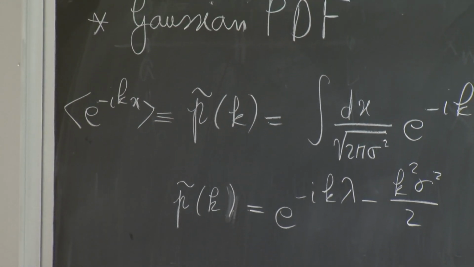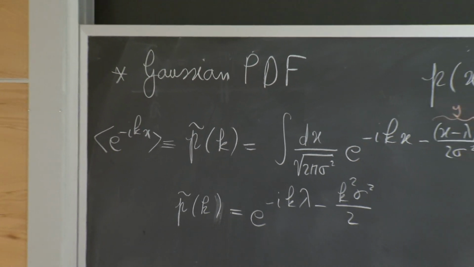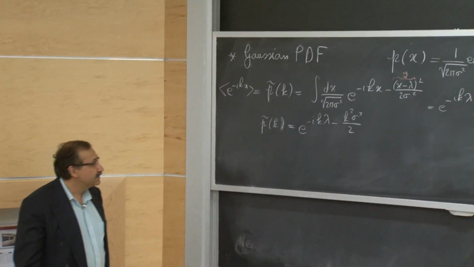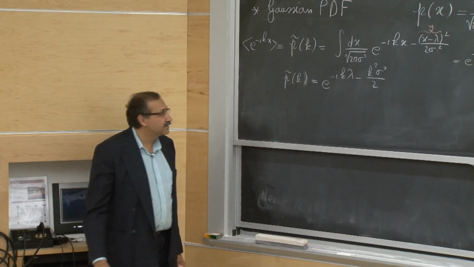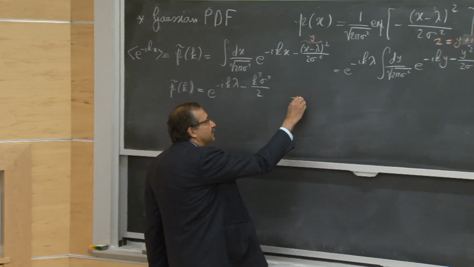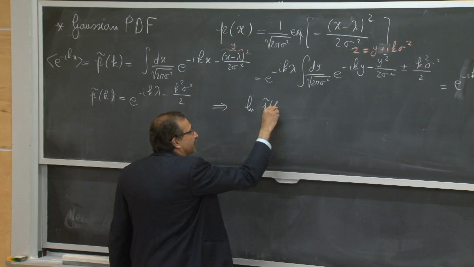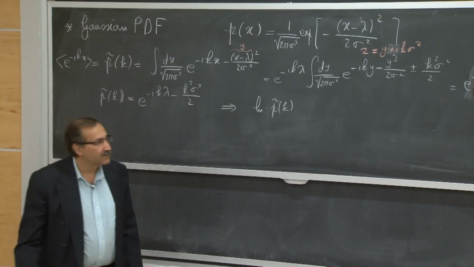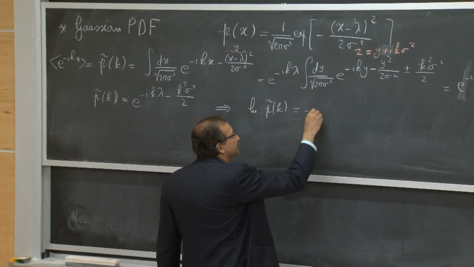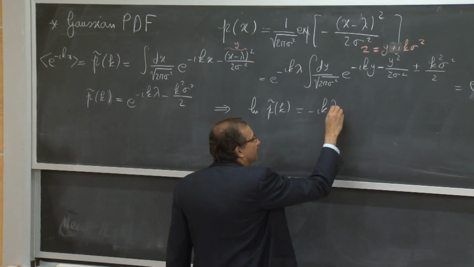Now, what we said was that a more interesting function is obtained by taking the log of this. So from here, we go to the log of p tilde of k, which is very simple for the Gaussian.